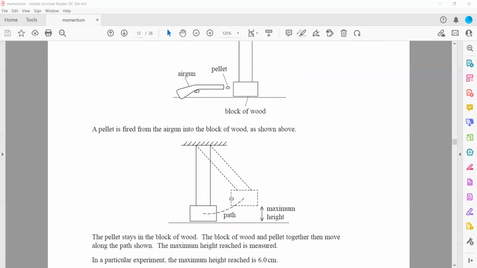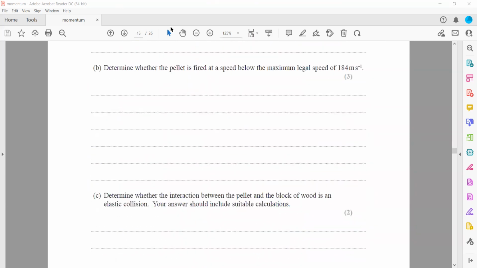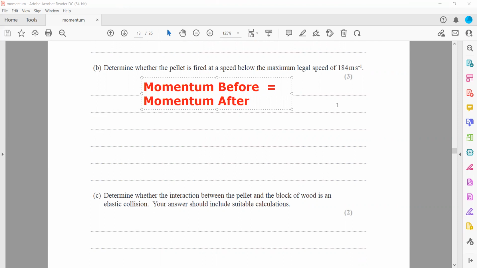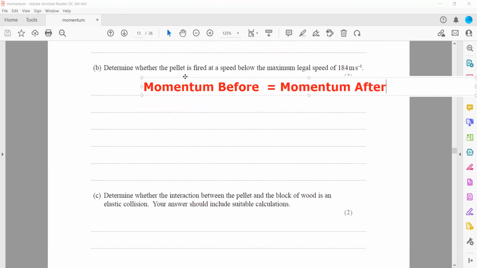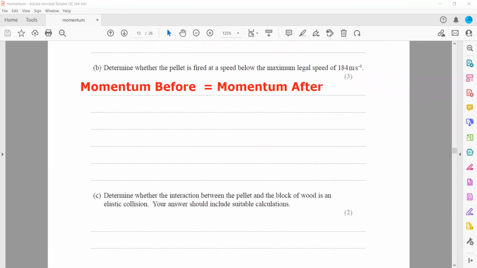So using conservation of momentum, the total momentum before collision is equal to the total momentum after the collision. The momentum before the collision, as the pellet is moving, is the mass of the pellet multiplied by its velocity.